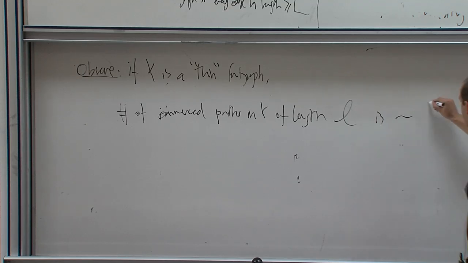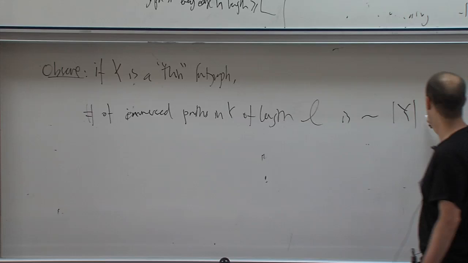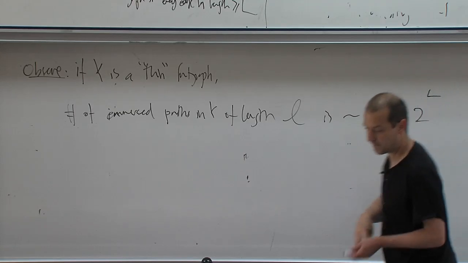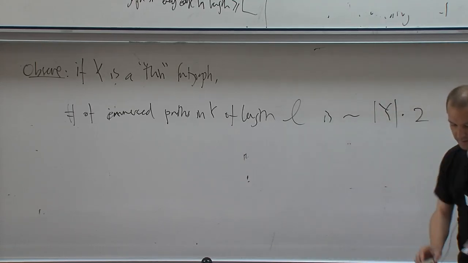We start somewhere, so we have maybe the number of vertices in y for where we start, and then we head off along one of these paths, and every distance capital L we get a choice. So it's something like 2 to the capital L, 2 to the little l divided by capital L.